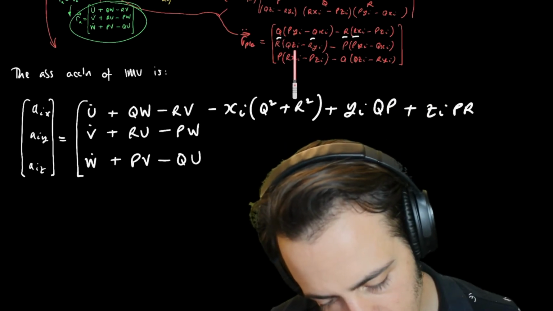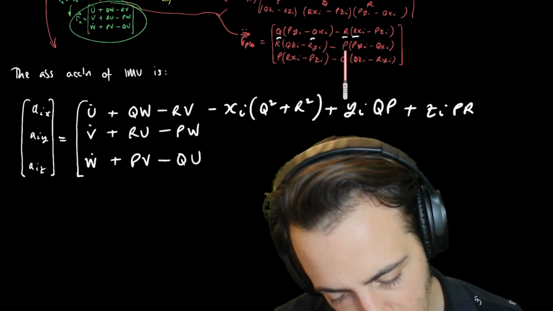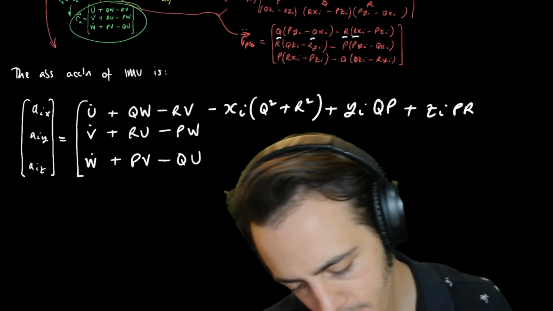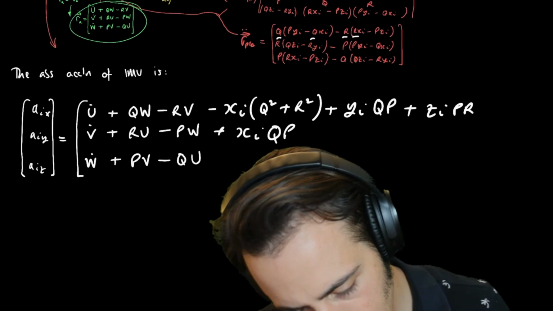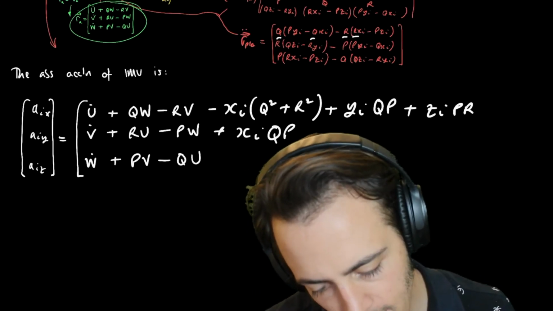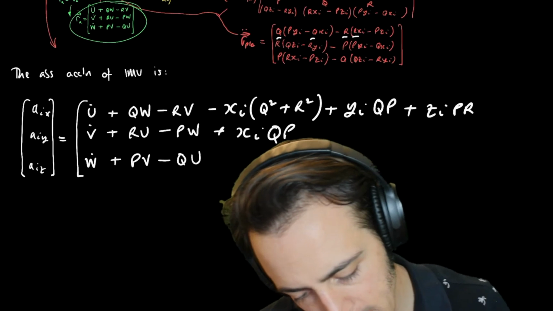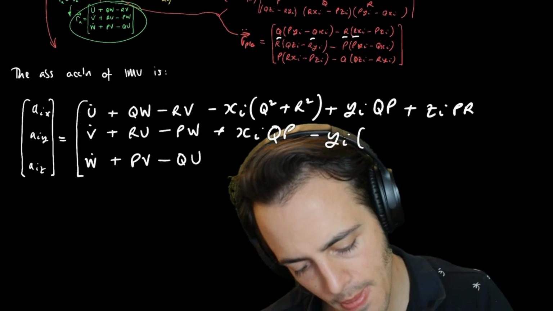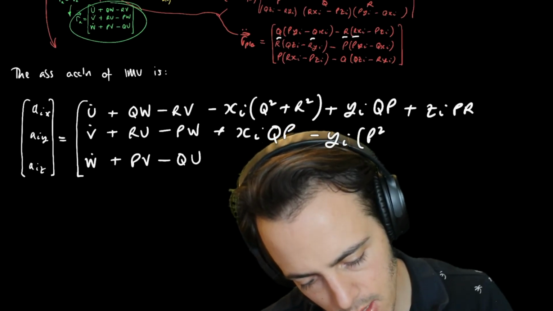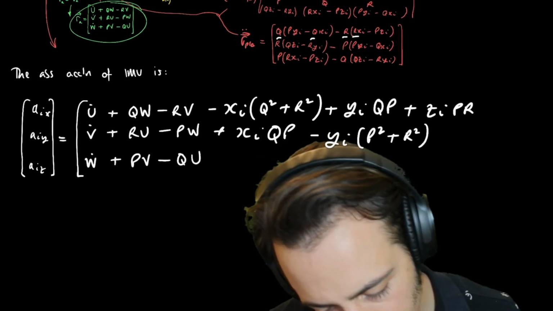So in this next one, we'll do the x terms first. Because I've got a negative and a negative, I've got qpxi. And then I'm going to expect a negative y multiplied by two squared terms. So I've got minus r squared and minus p squared. So that gives me minus yi p squared plus r squared. And I'm expecting a z which should be positive. Yep, that's right.